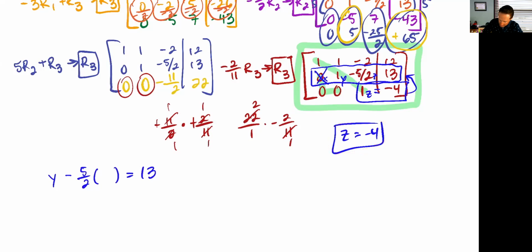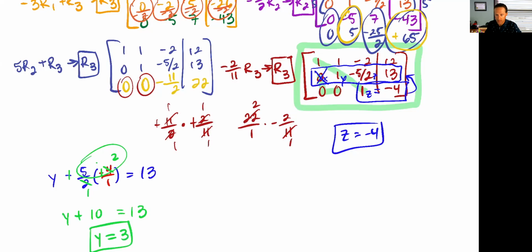So we will back substitute in this -4, and hopefully you can see there that this actually works out pretty well to become positive. Those cancel, and I get y plus 10 over 1 equals 13. And what plus 10 will give you 13? Hopefully you said 3.